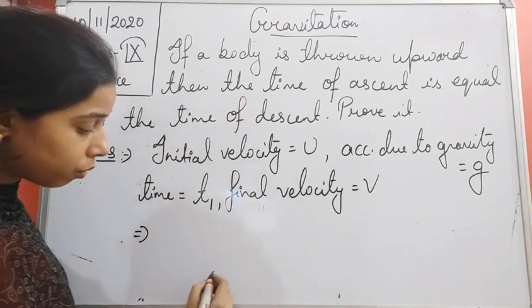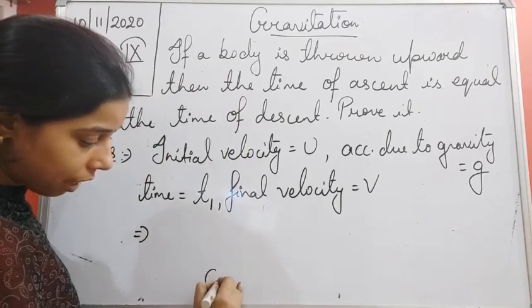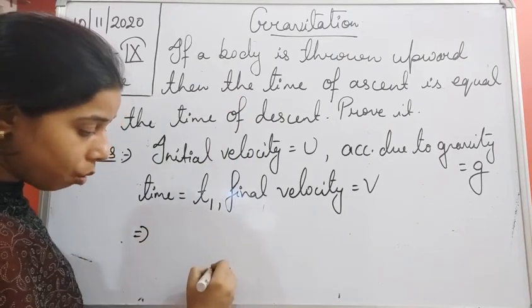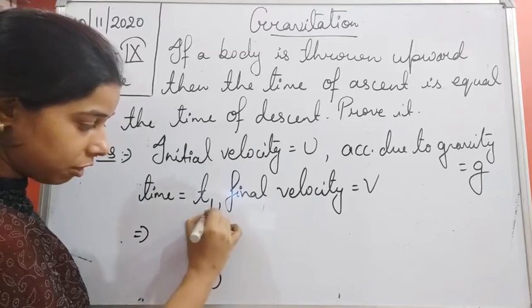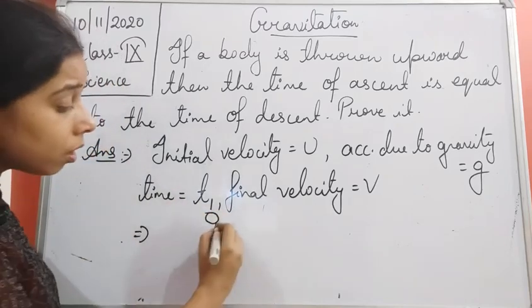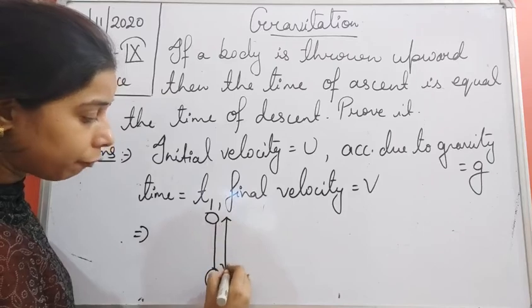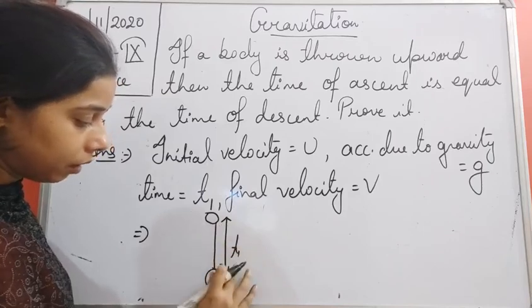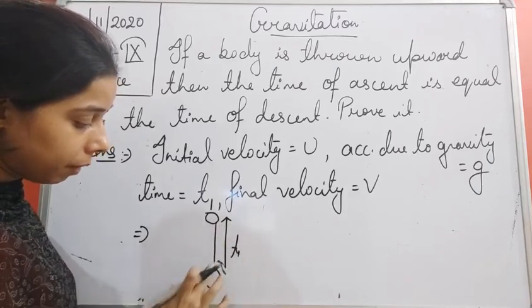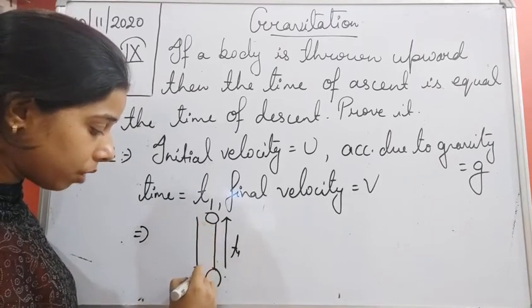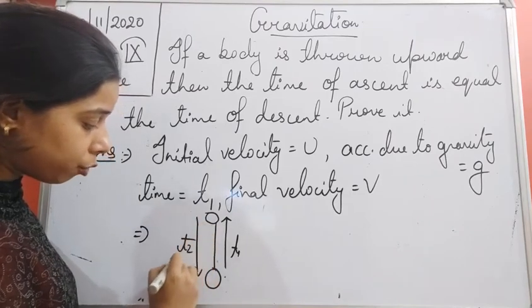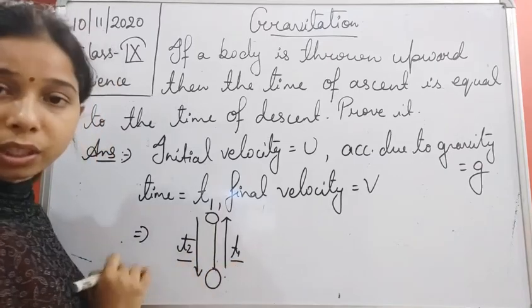So first of all, students, what we have to find? At first, we have to find the time when the ball goes from here to the final position, if this is the final position. What will be t1? And then when it comes back to the ground again, that is t2. So we have to prove that t1 is equal to t2.